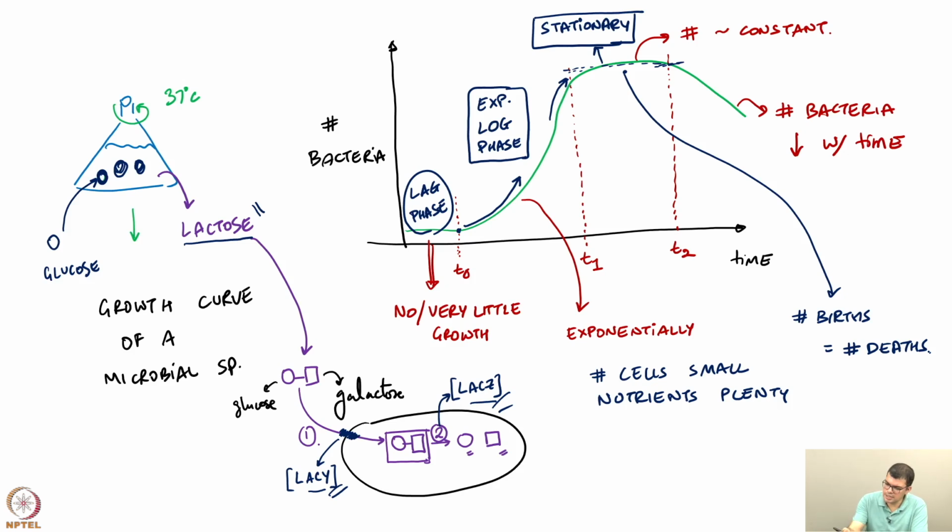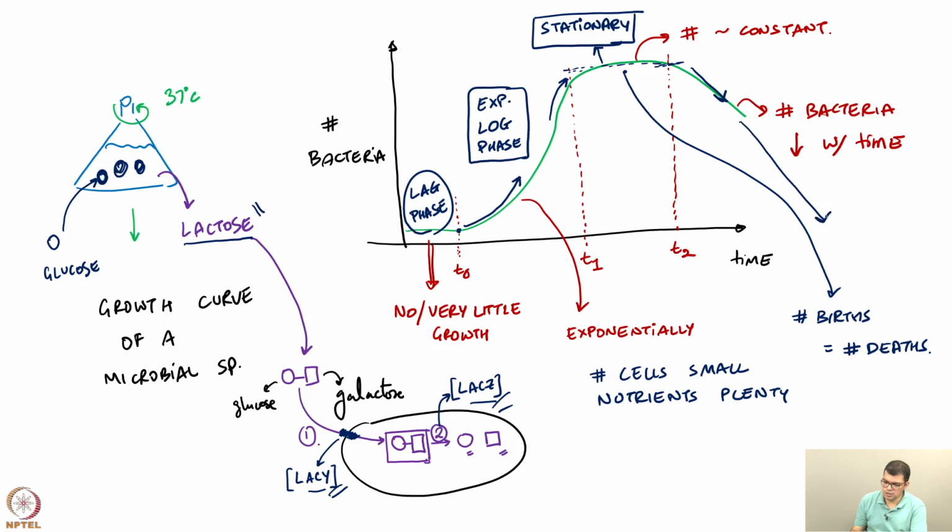But this is not sustainable. Eventually the stress of not being able to grow and maintaining homeostasis is going to be too much, and numbers are going to decrease in this death phase as we move forward in time. And depending on how deep we go here, this is going to eventually go down to 0, where there will be no viable bacteria left in the flask.